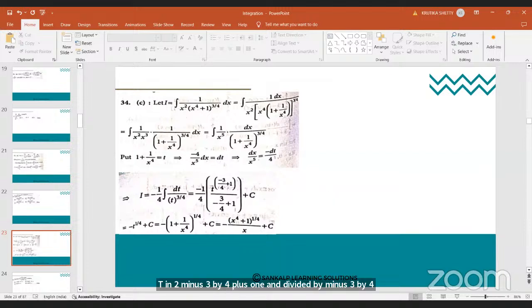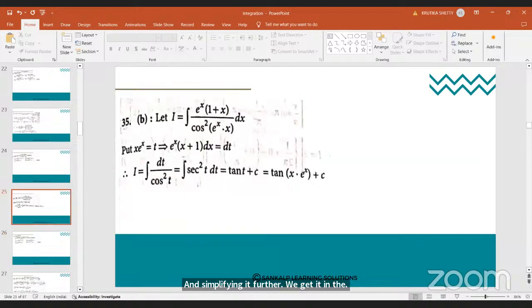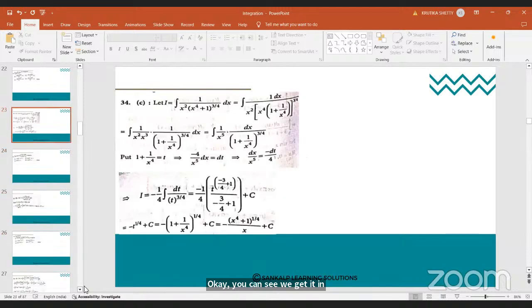So on simplifying it further, we get it in the form of I is equal to minus 1 by 4 dt upon t raised to 3 by 4, and t raised to 3 by 4 value will be minus 1 by 4 x raised to minus 3 by 4 plus 1 upon minus 3 by 4 plus 1.